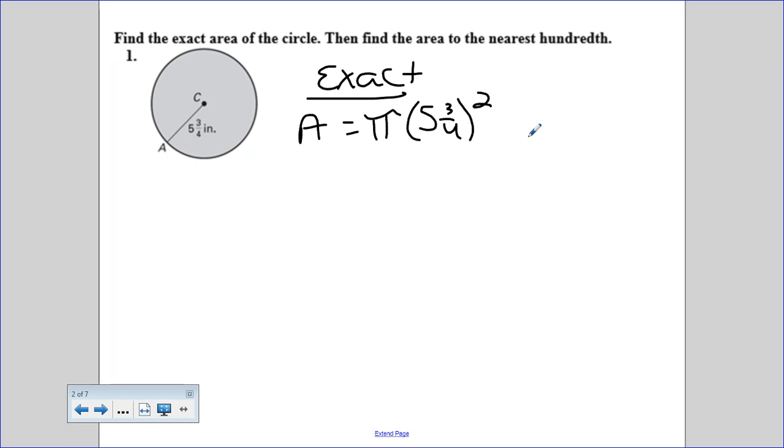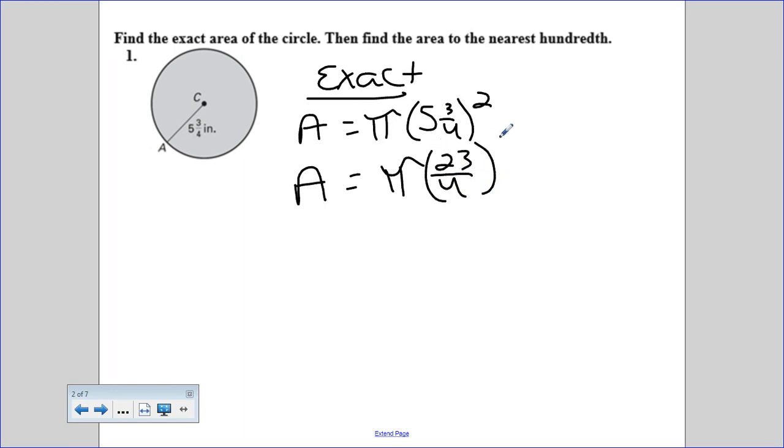Now I changed it to an improper fraction. So you get pi times 5 times 4, 20, plus 3, 23/4.